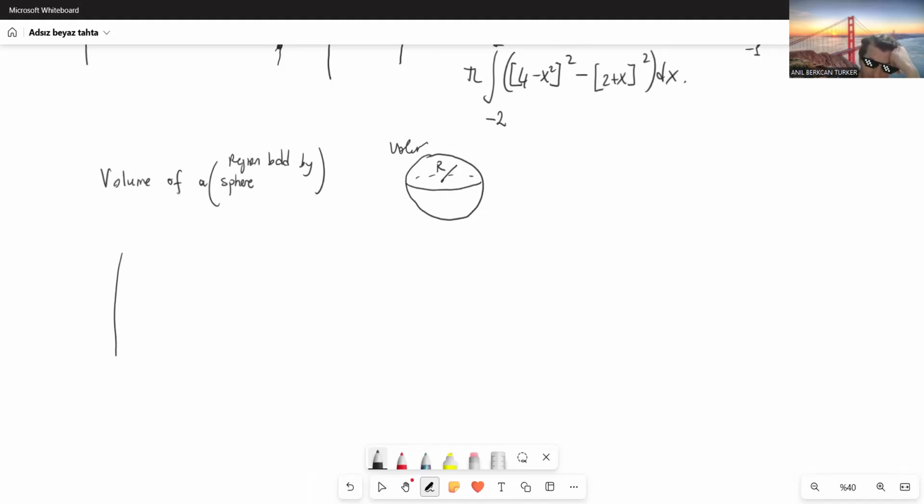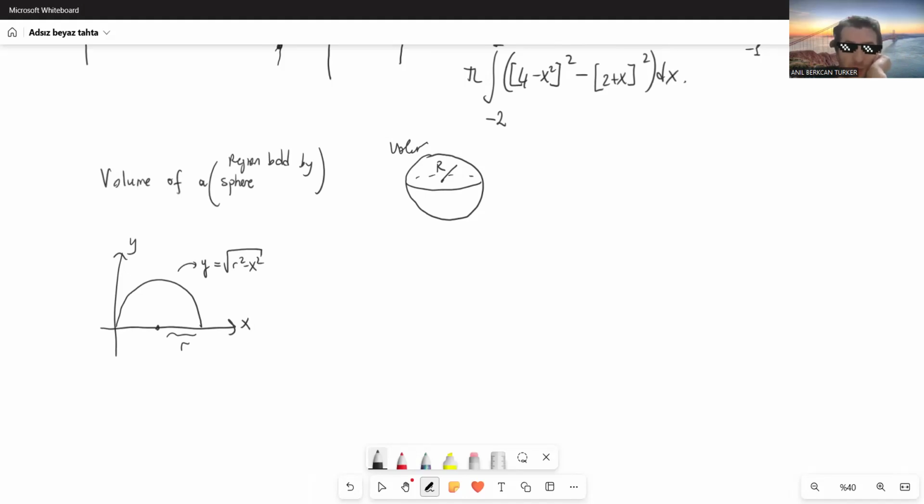So consider some half circle. Let me call y equal to the square root of, and since the radius is r, this is r squared minus x squared.